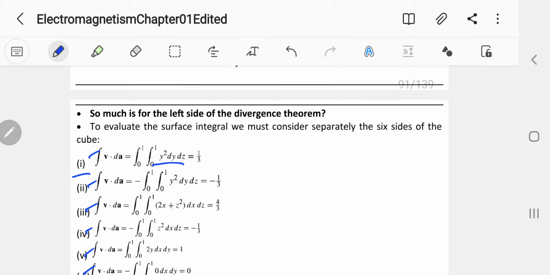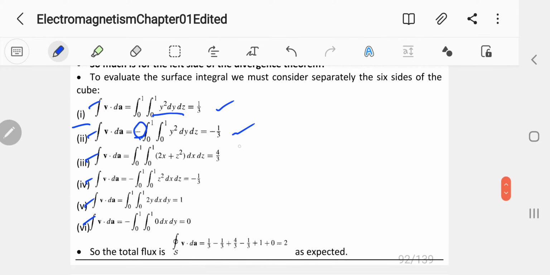Then you integrate dz from 0 to 1, which is equal to 1, so you have 1/3. Surface 2 is in the opposite direction, so you have negative x hat, that's why there's a negative here, and so you'll find that it's negative 1/3.